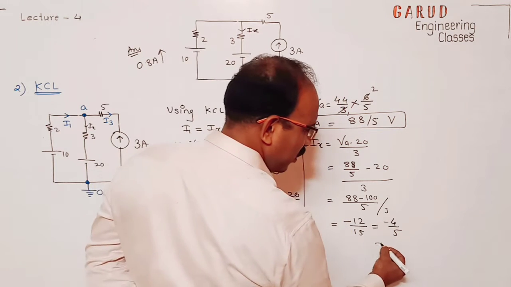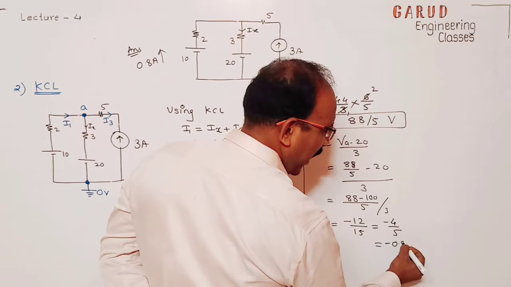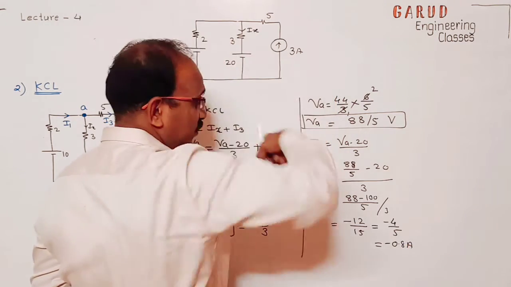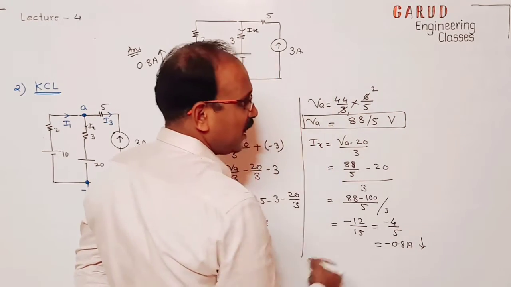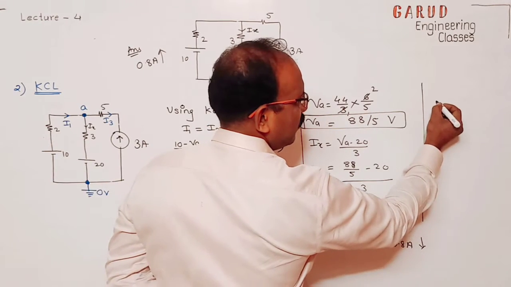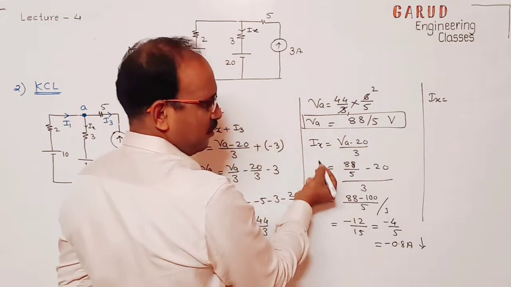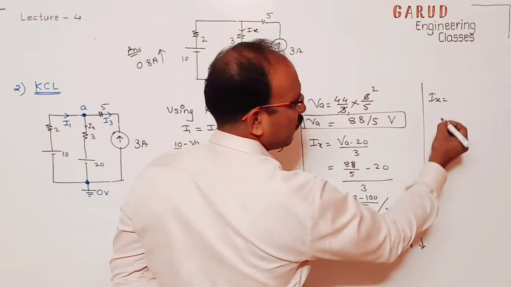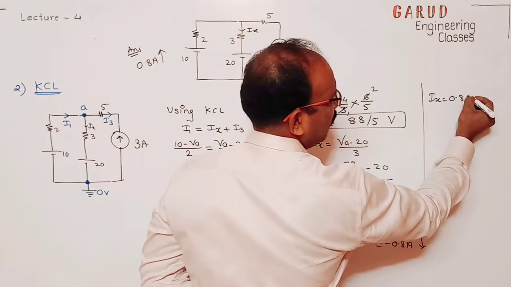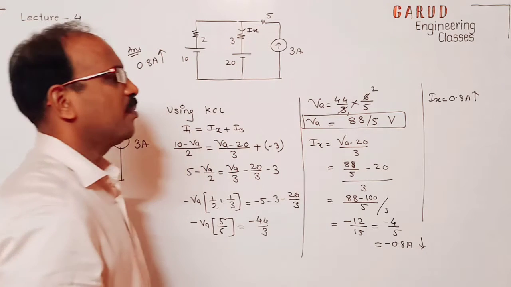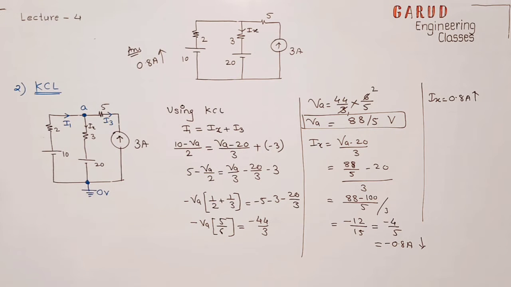Minus 4 by 5 is minus 0.8 amperes this way. So the final answer is Ix equals I2, and you get 0.8, so it is 0.8 amperes this way.